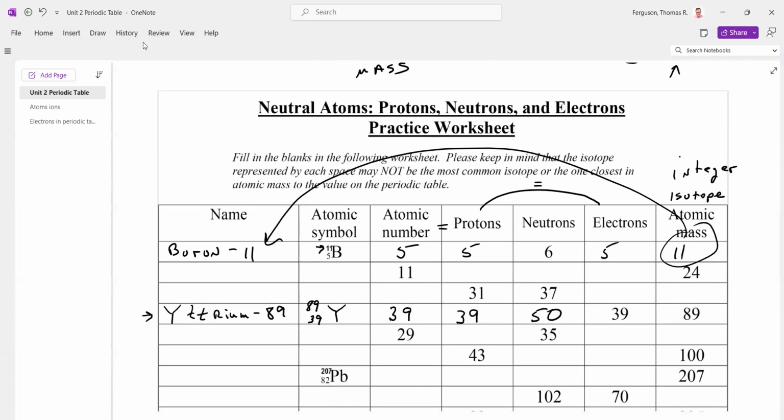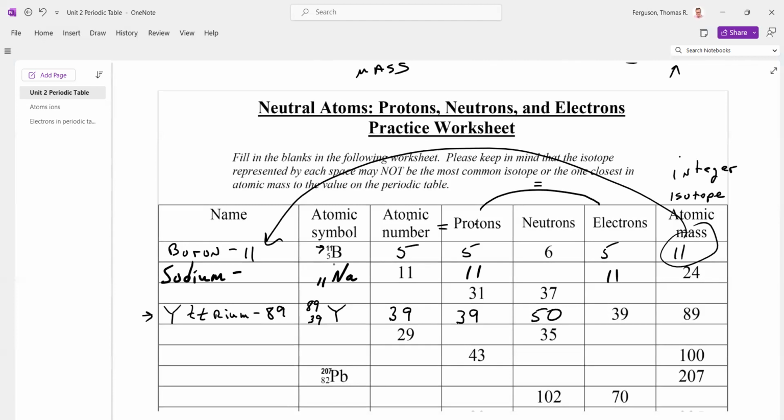It corresponds to sodium, Na. And the atomic number is the same as the number of protons. So that number goes on the bottom. And these two are always equal, atomic number and protons. The electrons are the same as protons if it's neutral.